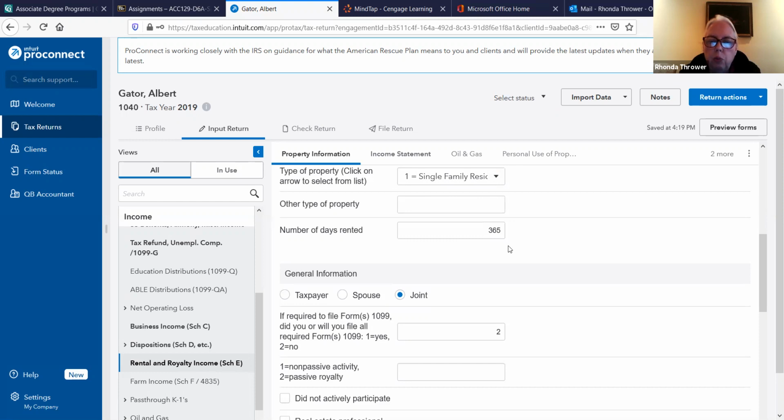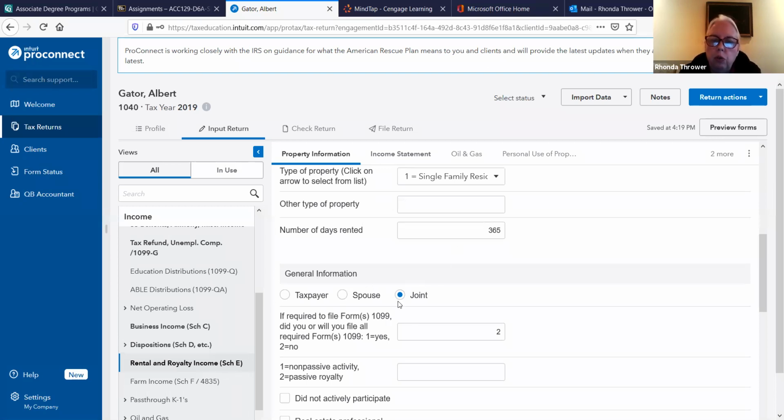You also want to write down the number of days that it was rented, and they told you in the problem that they had rented it for a full year. So 365 days is the yearly amount of days that were rented.